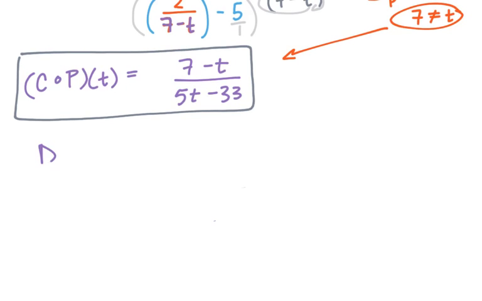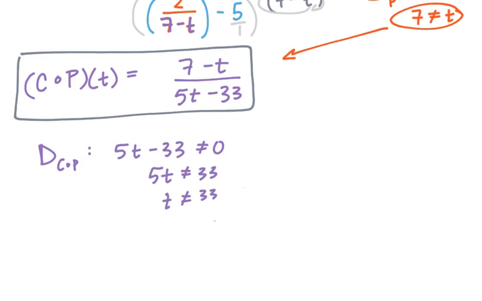So if we look at the domain of C of P, here you can see the domain of the result. We have a denominator, and in this situation we have 5t minus 33 cannot equal 0. So if we look at solving this, that's going to be that 5t cannot equal 33, or t cannot equal 33 over 5.